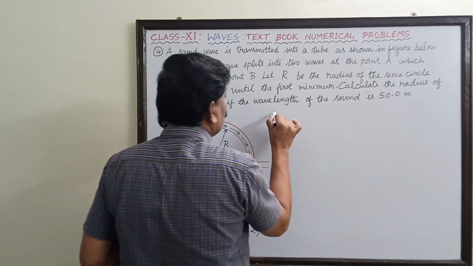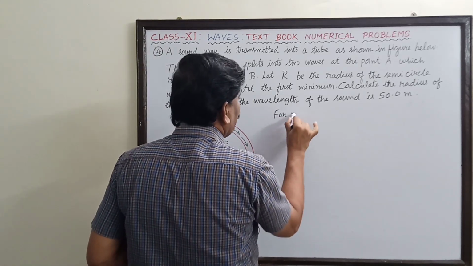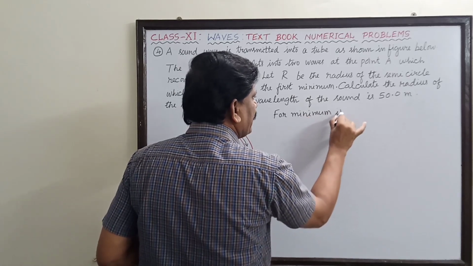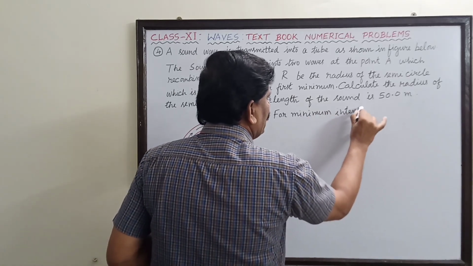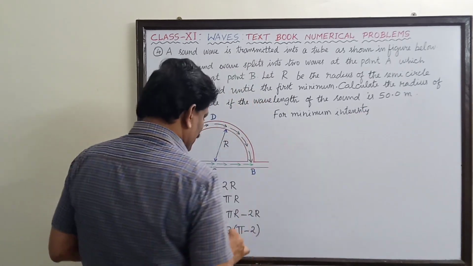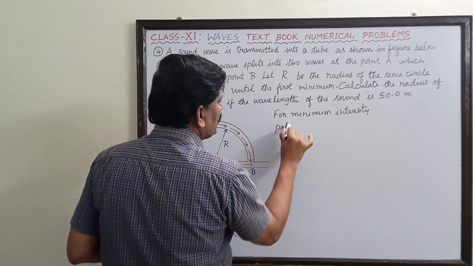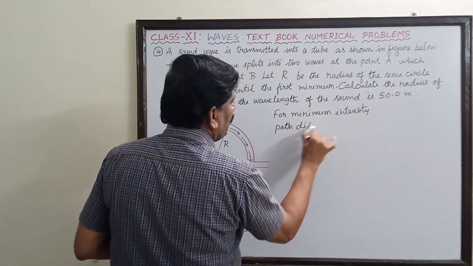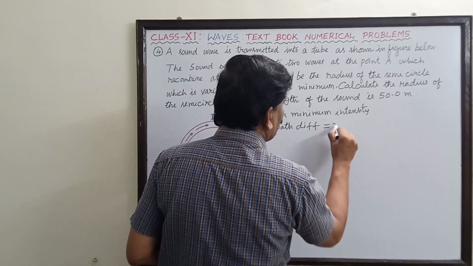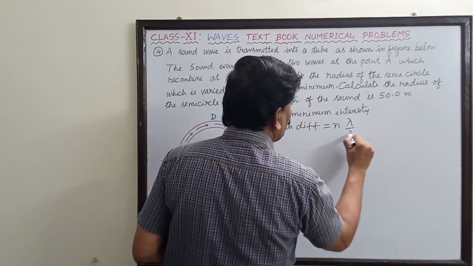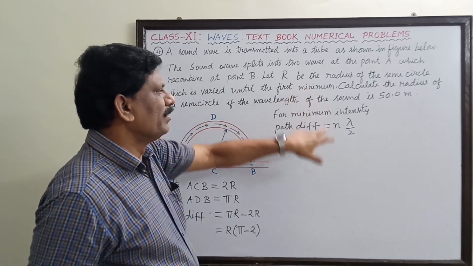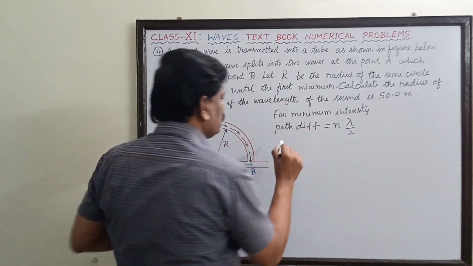Okay. Now for minimum intensity, that is due to destructive interference, this path difference must be equal to half integral multiples of lambda. So path difference must be equal to n into lambda by 2. Here for the first minimum n is equal to 1.